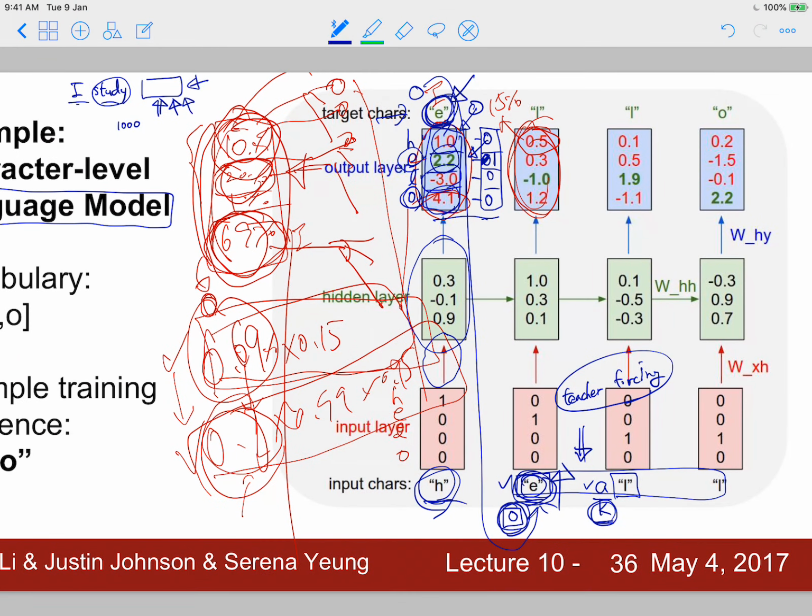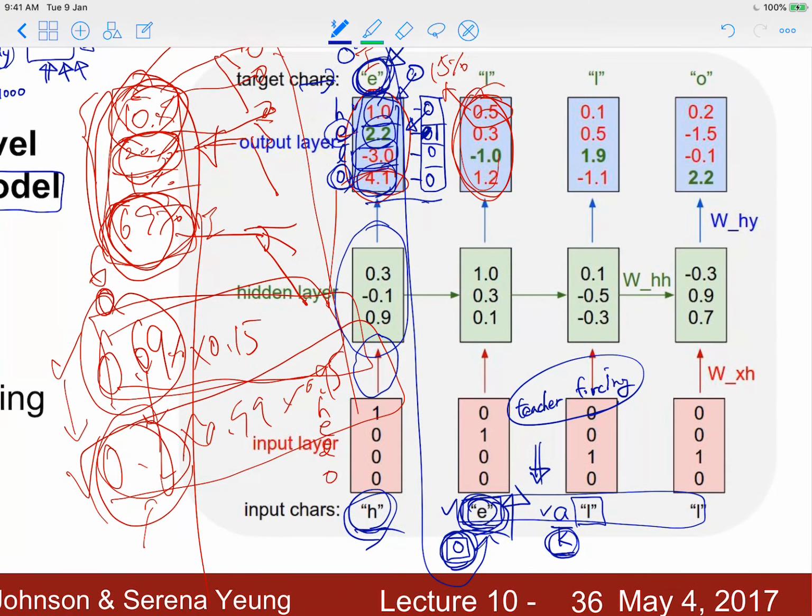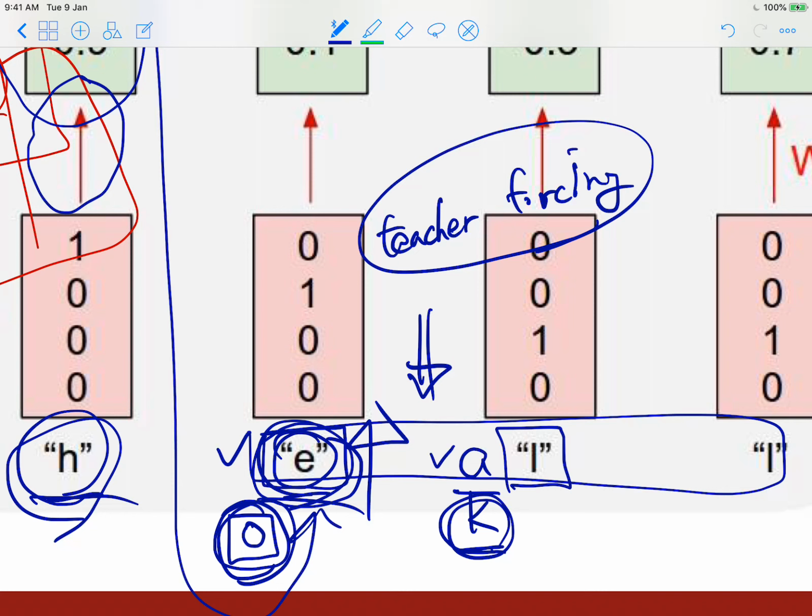So between these two scenarios, which one do you think is faster in terms of the training? Which one is the faster strategy for training? Depending on whether we provide a ground truth input or potentially incorrect outputs from the previous time steps.